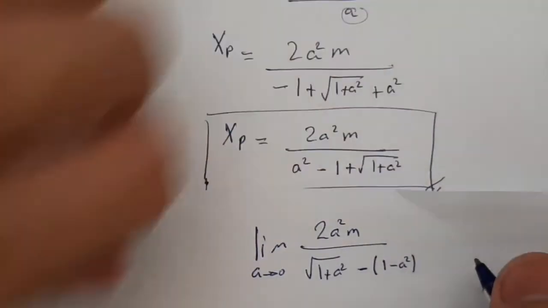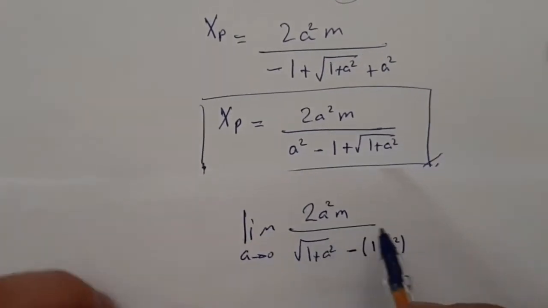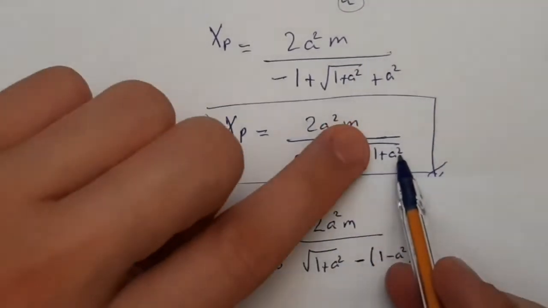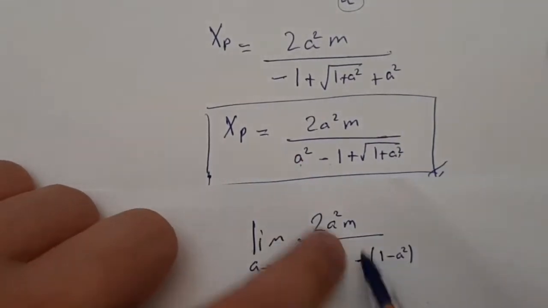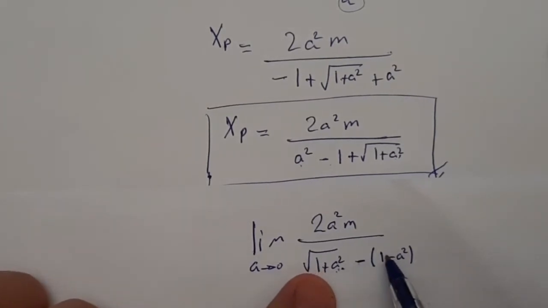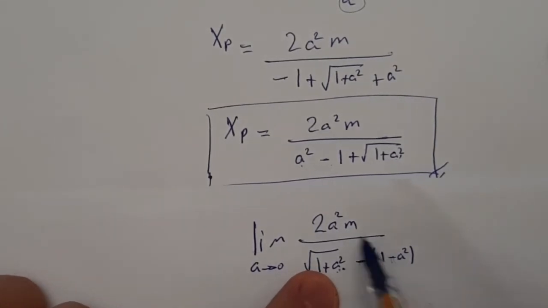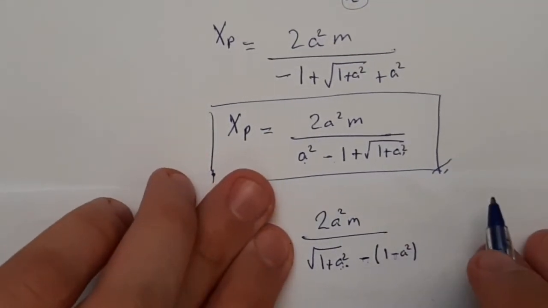Just if you got lost in this algebra over here, what did I just do? I took this part over here, put it in the initial. It was a squared minus 1, so I put the minus outside. So notice, if you multiply the minus in, it will be minus 1 plus a squared, exactly as I had it. I didn't use anything of limits now.